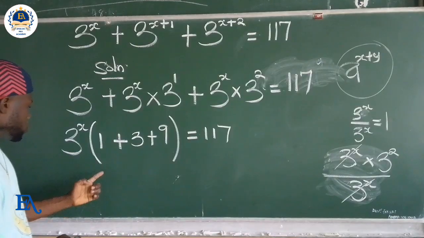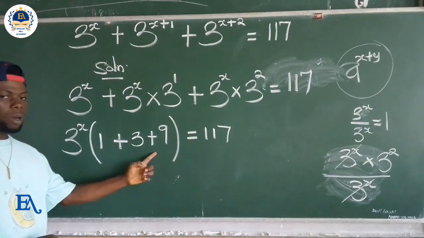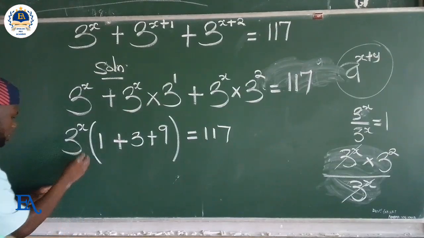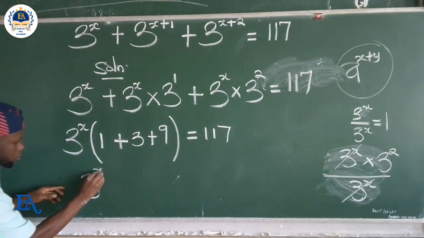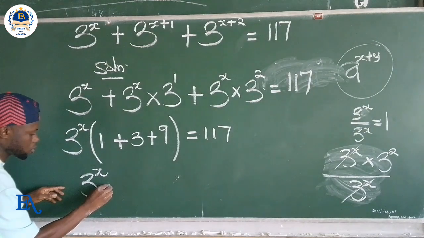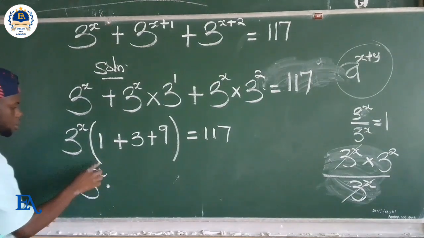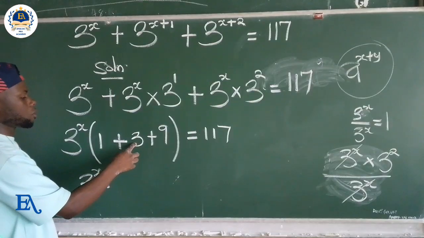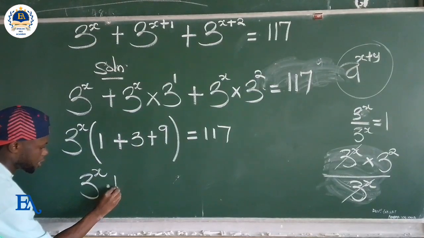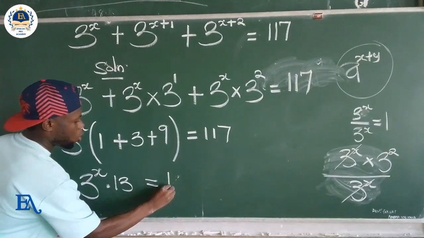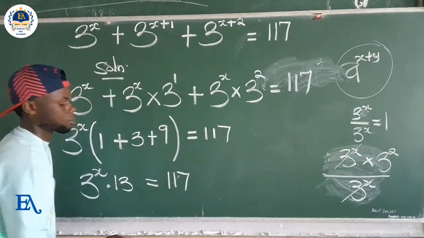The next approach, we have to add up all the numbers in this bracket. So that gives 3 raised power of x times, let me use a dot to represent times, 1 plus 3 is 4, and 4 plus 9 is 13, gives 13. This is equal to 117.